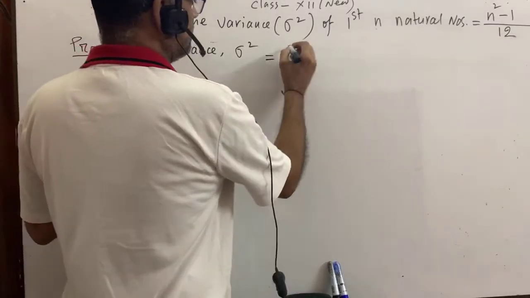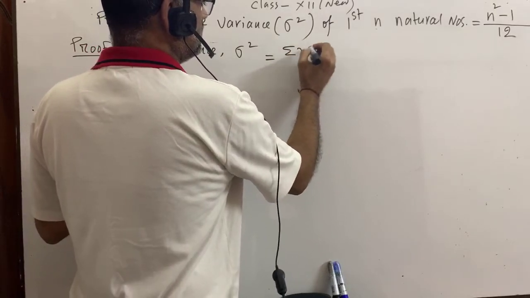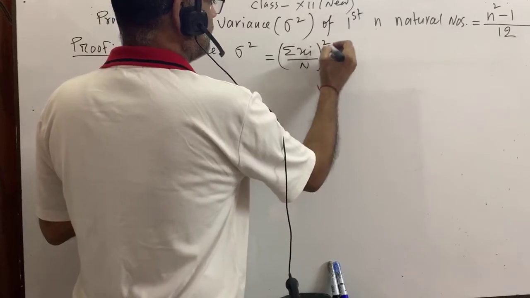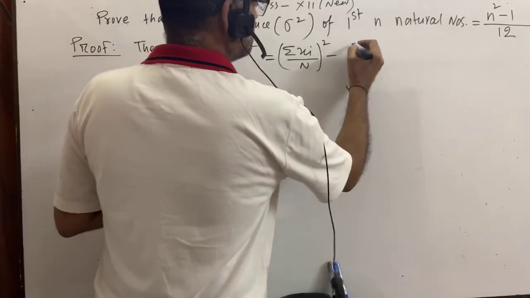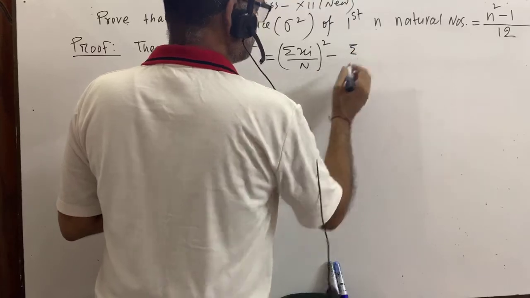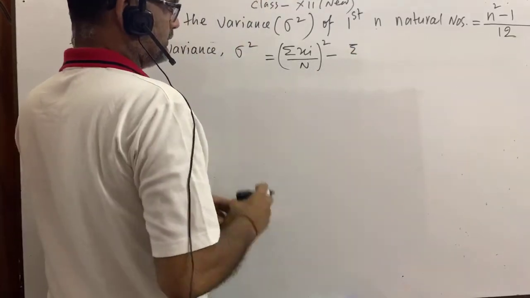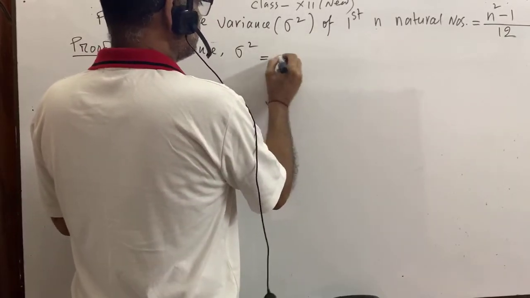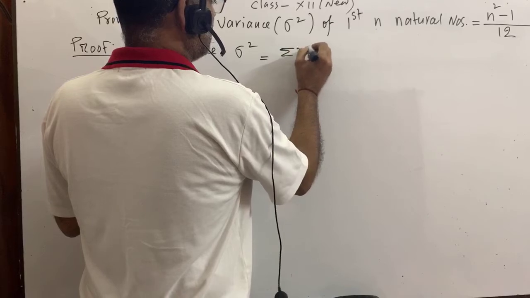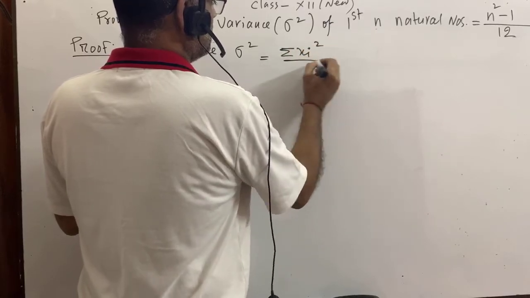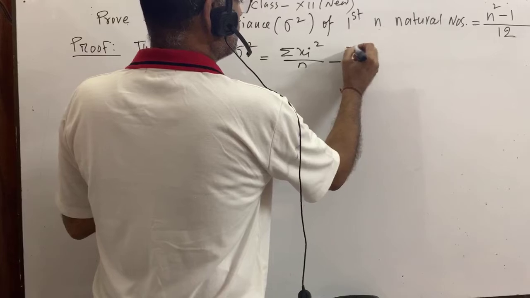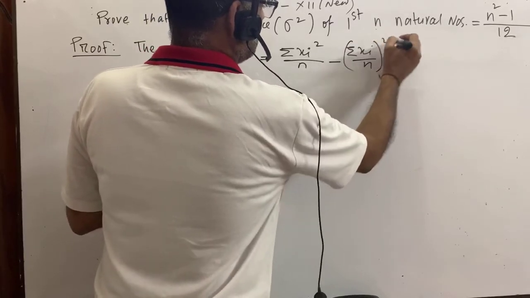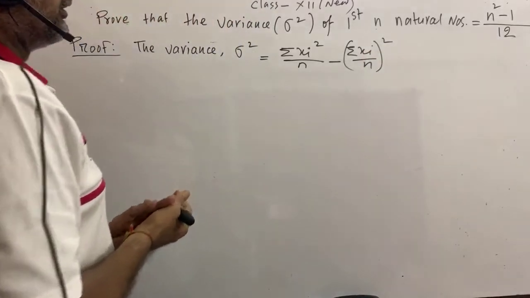We know the formula: summation xi square by n minus summation xi by n whole square. The formula of variance is like that.